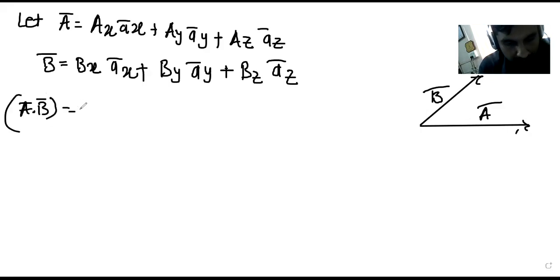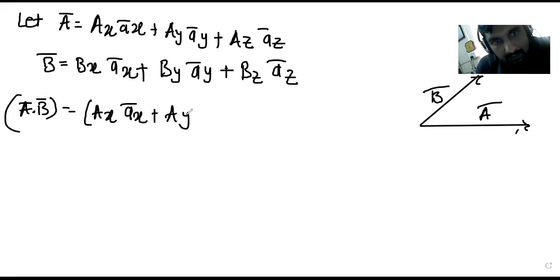A bar dot b bar is equal to, simply get those two terms multiplied, like ax a bar x plus ay a bar y plus az a bar z, multiplied by this whole term.